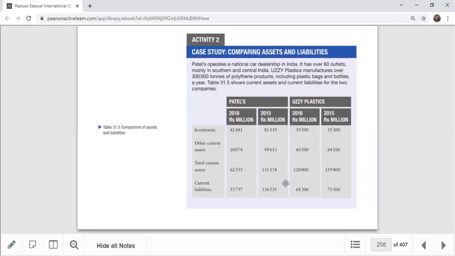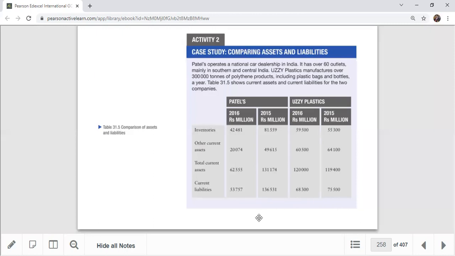Total current assets have gone down for Patel, from 131 to 62, while USI improved from 119 to 120. Look at current liabilities: Patel's have gone down from 136 to 53, and USI Plastics' also went down, from 75 to 68.3.